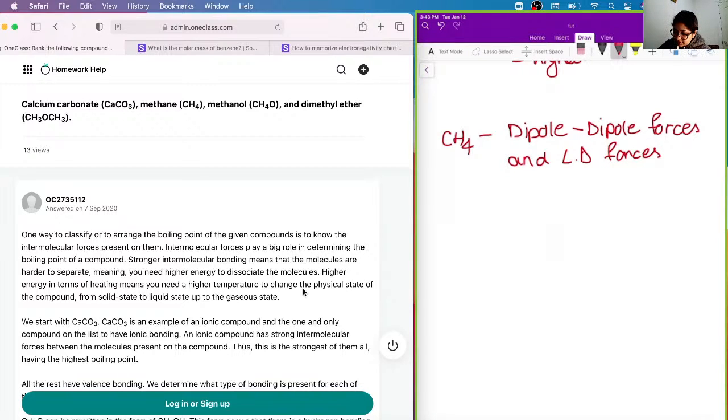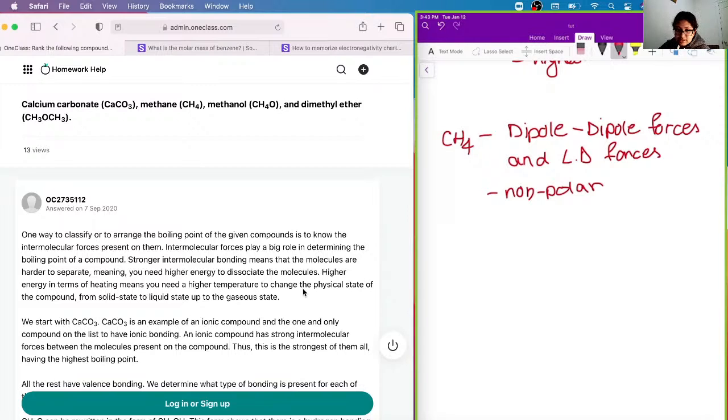And so this is nonpolar, as you know that the electronegativity of carbon and hydrogen is basically the same, so they cancel out.